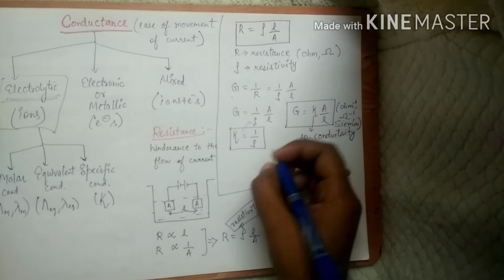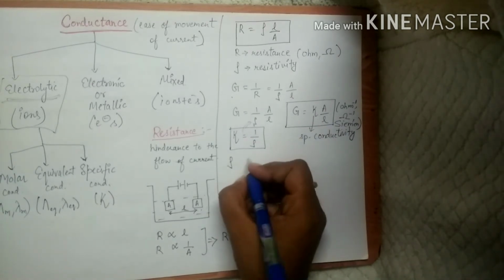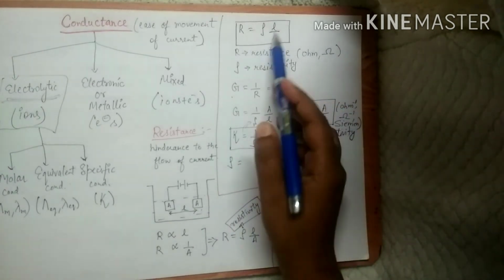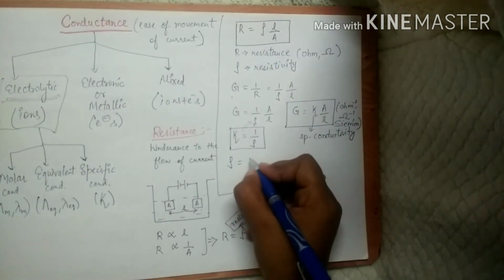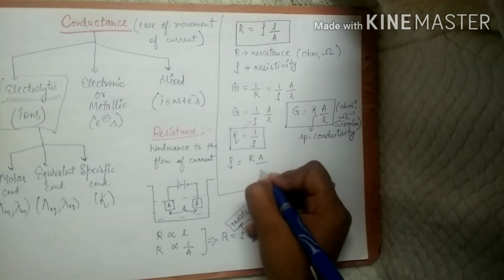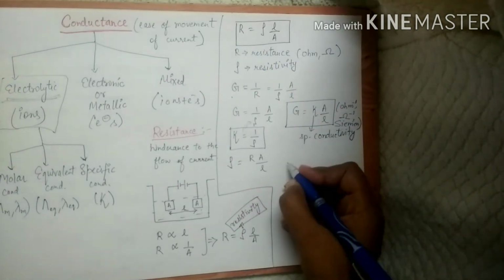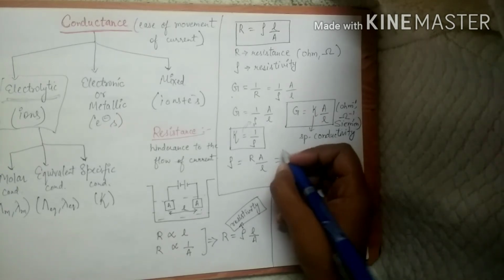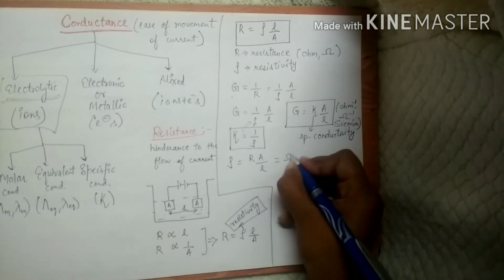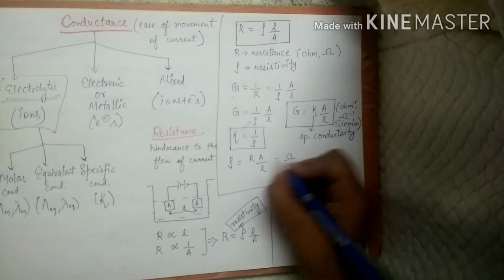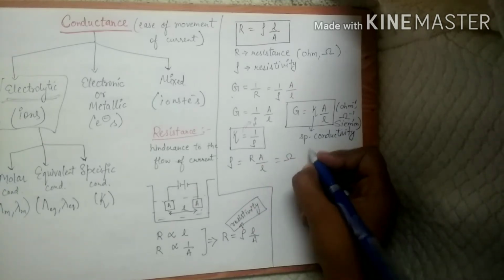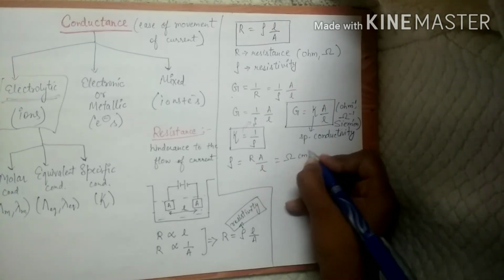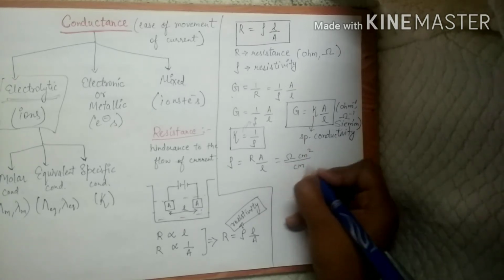So now we want to find out the unit of resistivity. From here we can find the formula for resistivity equals RA by L. If we take out the units, R is in ohm, and suppose A and L are given in centimeters, so area will be in centimeter square and length will be in centimeter.